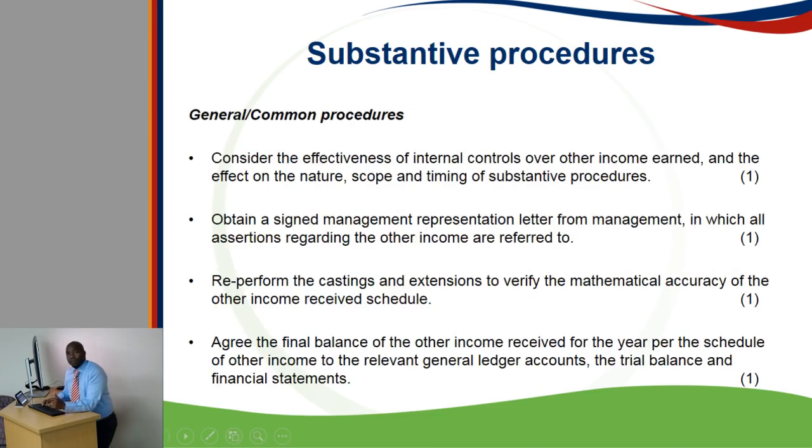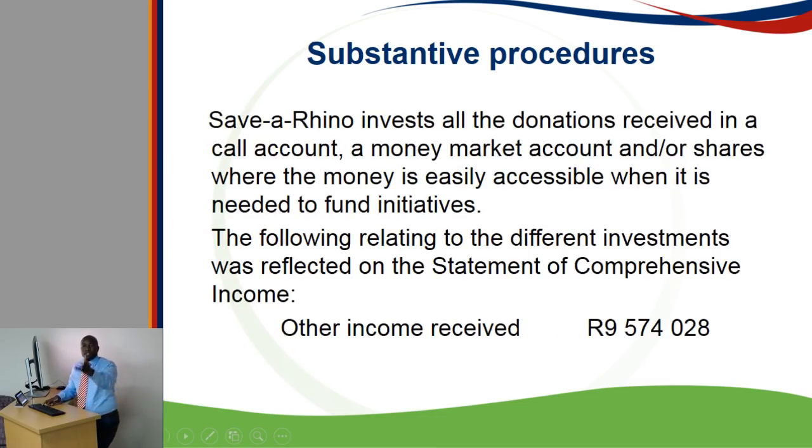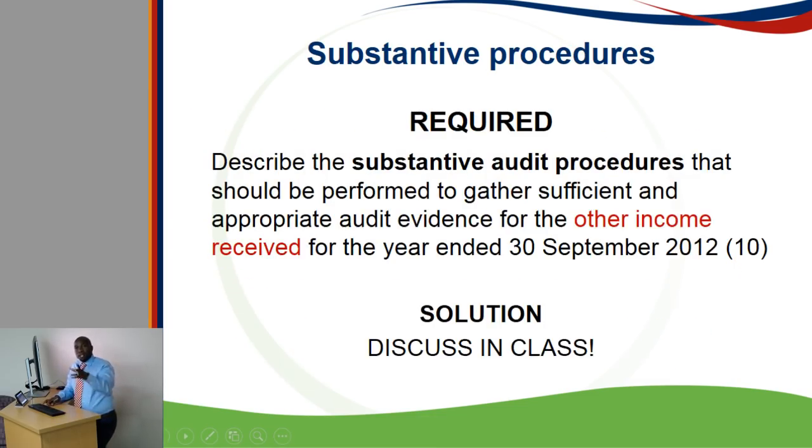Quick question. Remember the common procedures. I've mentioned them there on the screen that you're seeing in the slide presentation coming up now. Remember, when you get a question, this is the question that was asked, and this is the required: describe audit procedures or formulate substantive audit procedures on other income received, right?